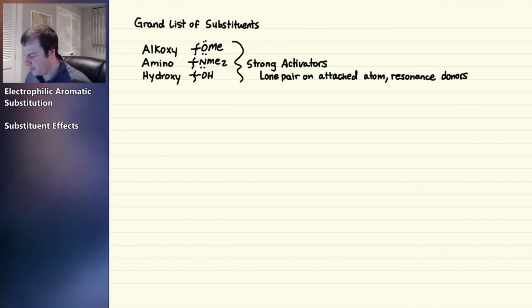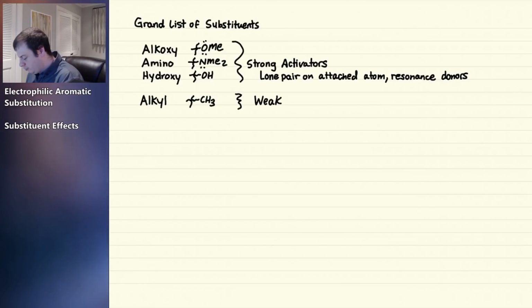Okay, let's take a look at another type of activator. It's just an alkyl group. Alkyl group is something like a methyl group attached to a benzene ring, and that we're going to consider as our only weak activator. Now, methyl group, being a weak activator, just keep in mind that it's not just methyl.